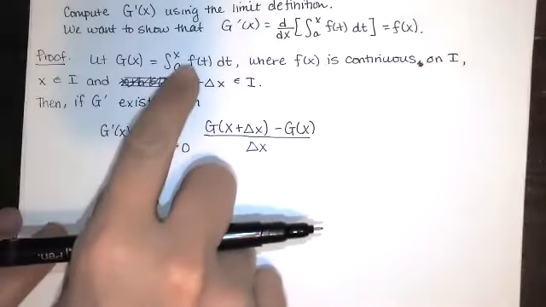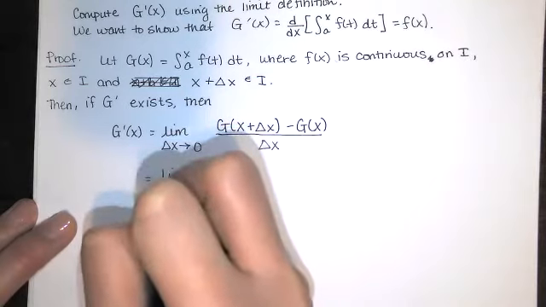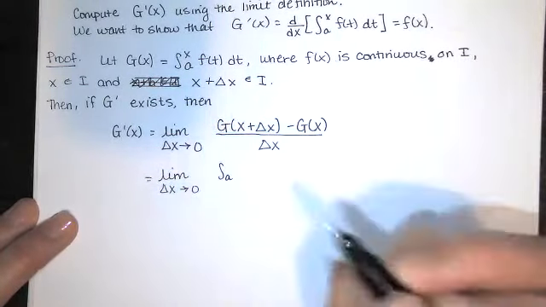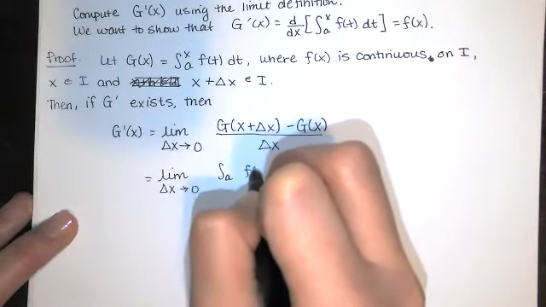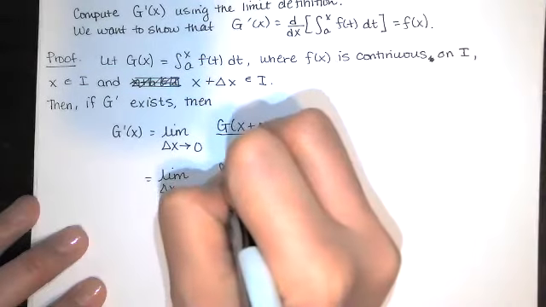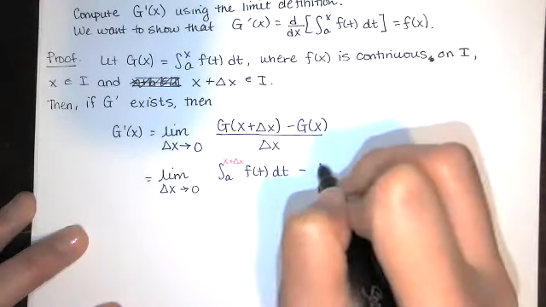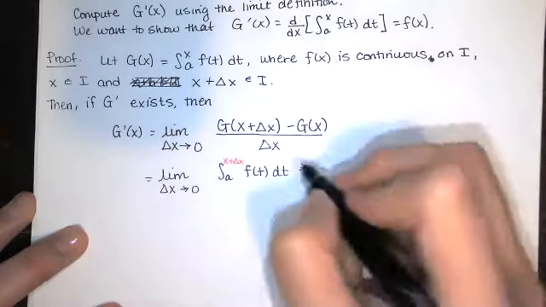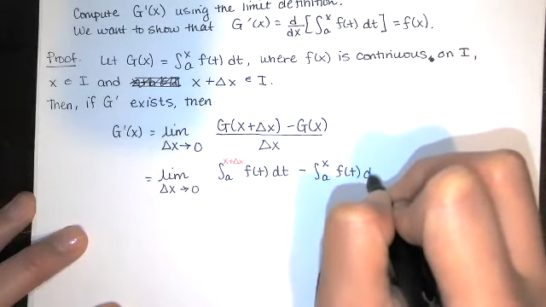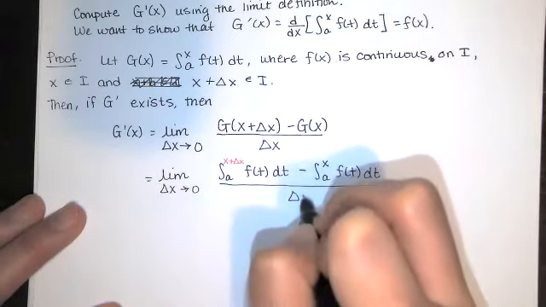Well, according to this right here, g of x plus delta x looks just like that. We integrate from a to x plus delta x, we're integrating f of t dt. And then we're subtracting g of x, which looks exactly the same as that right there, and we're dividing by delta x.